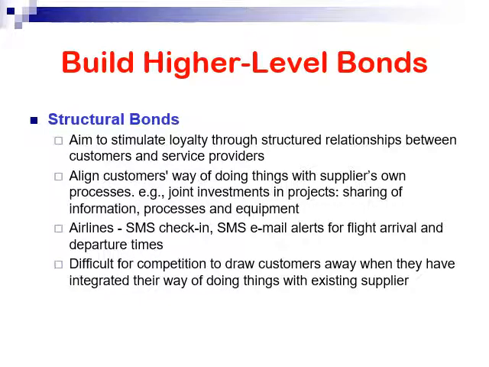So once this kind of structural bonds is created, then it's very difficult for competition to draw customers away from you because your customers have already integrated their way of doing things with your system, your process.